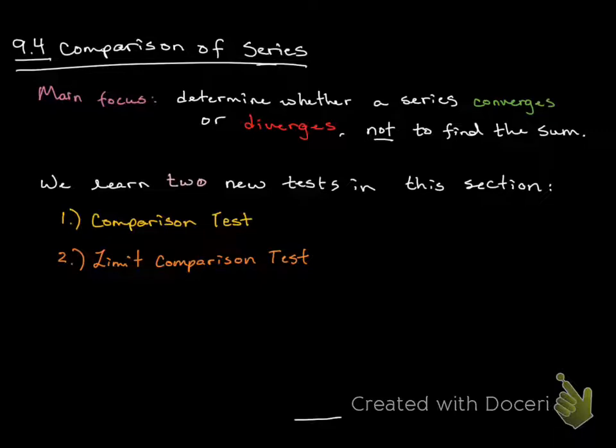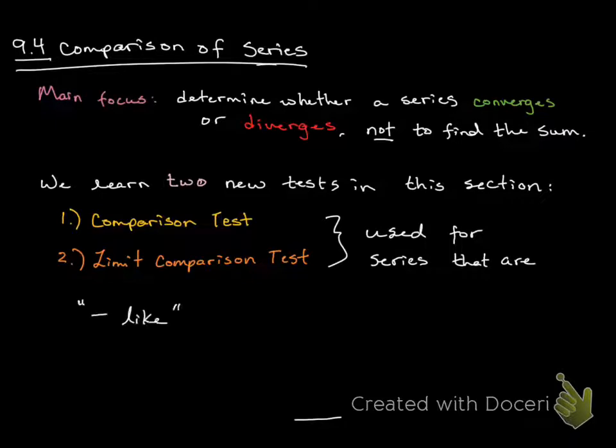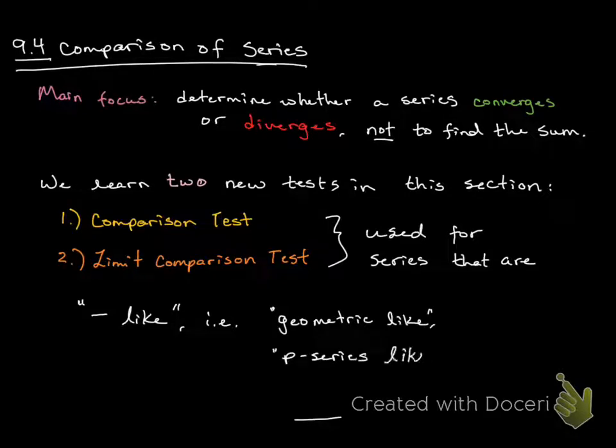Both of these tests will be used for series that are like geometric series or p-series. They won't exactly be geometric or p-series, but they'll be close, and we'll compare them to those similar series.